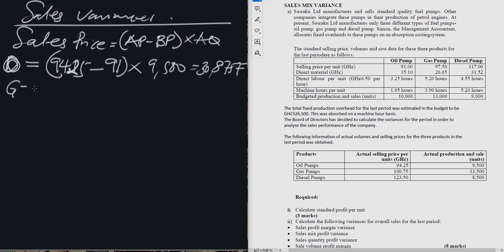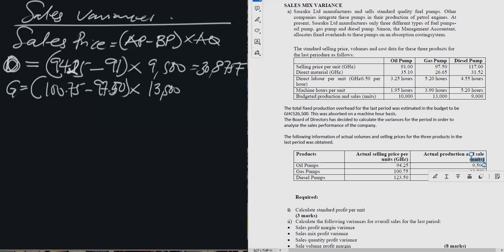What about gas pump? The actual selling price for gas pump, from the actual figures down here, was 100.75. So this gives us 100.75 minus the budget, which you can see from the standard information is 97.50, all at how many units? 13,500 actual units, which we found down here where I picked the actual figures.